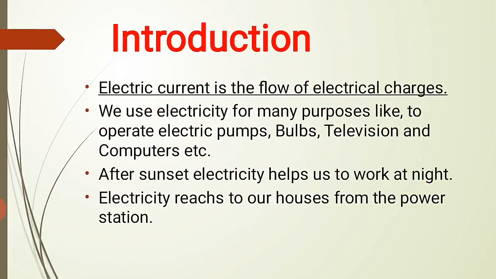The flow of electrons constitutes the electric current that you have studied in 6th standard, right? This is the definition of electric current. The SI unit of electric current is ampere.